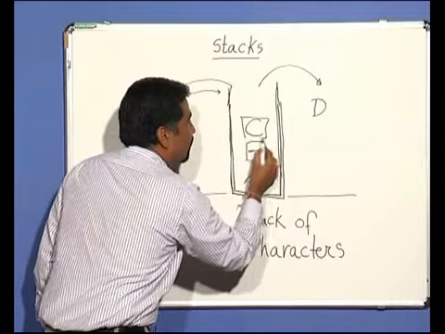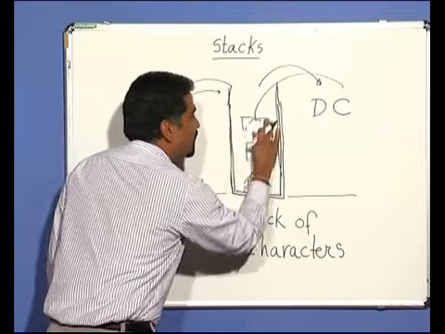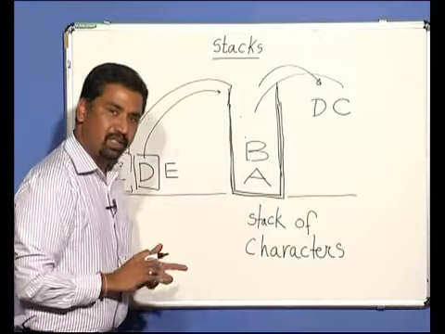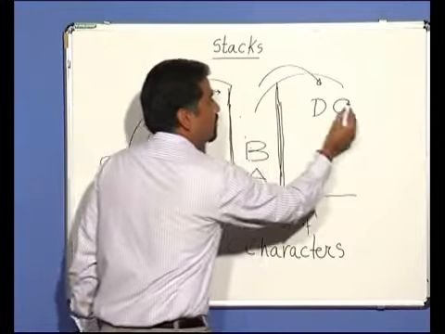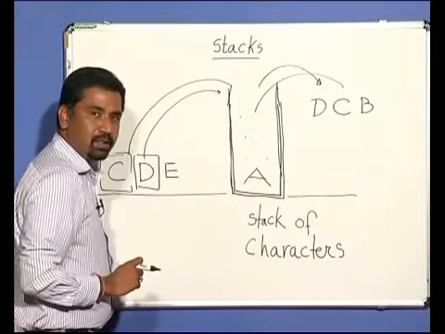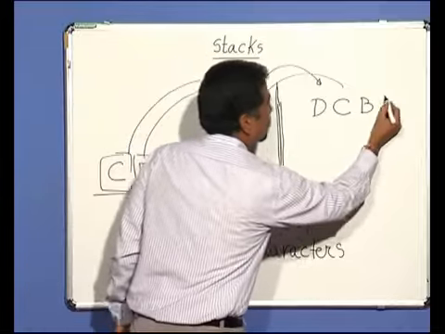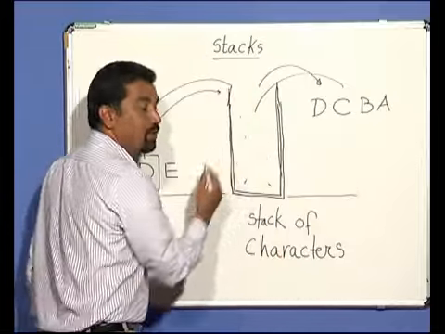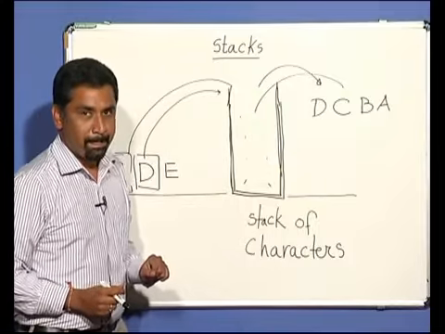So C is removed, and once C is removed, the stack is like this. Now the top of the stack is B. B is removed, the stack will be like this. And once A is also removed, A will go out like this. And now the stack is what we call empty.